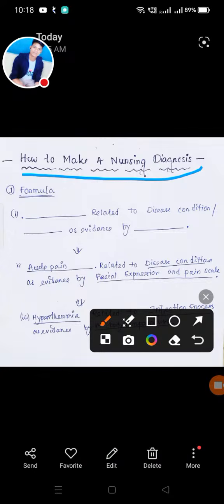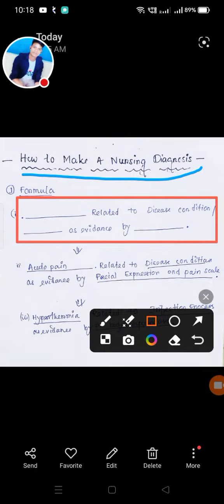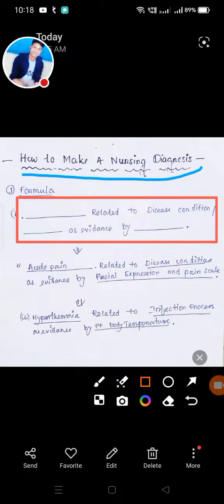Eleven members have almost joined, so we are going to start. I'll give you the formula. This is the formula to make a nursing diagnosis in the easiest way.